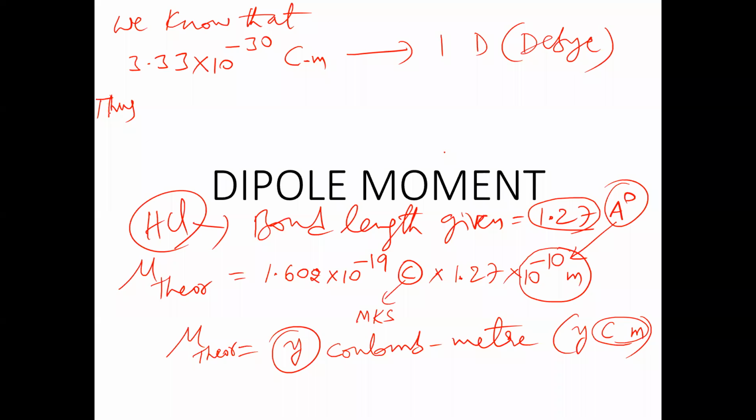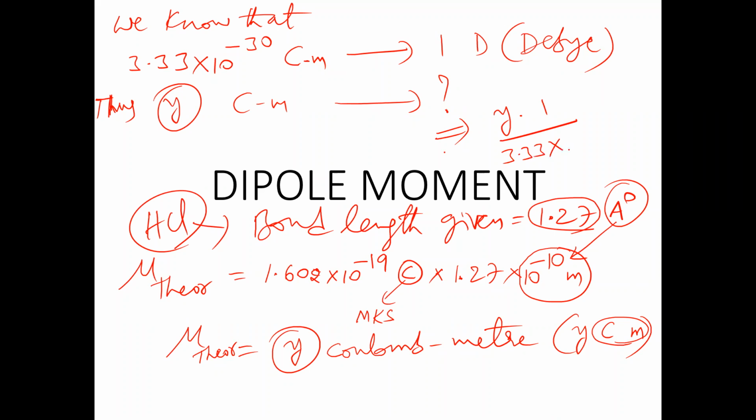Then Y Coulomb meter is equal to how many Debye units? Now to get that, cross multiplication: Y into 1 divided by 3.33 into 10 to the power of minus 30. This value will be in Debye. Let it be Z value, Z Debye. So we got this theoretical dipole moment in Debye units.